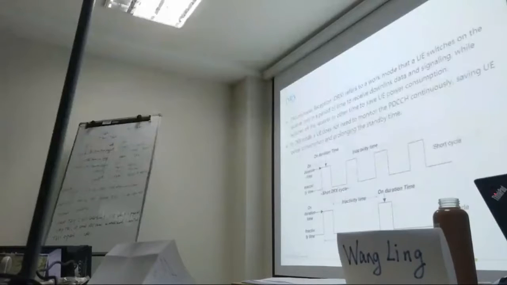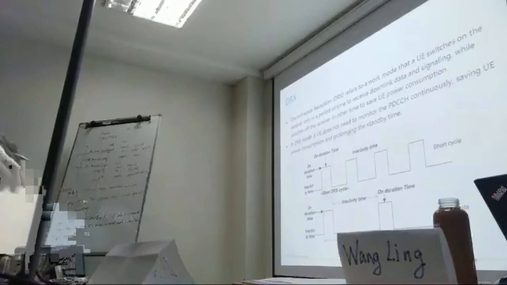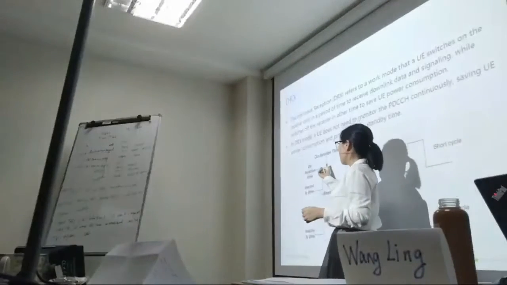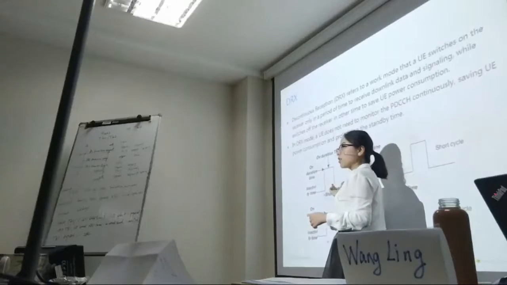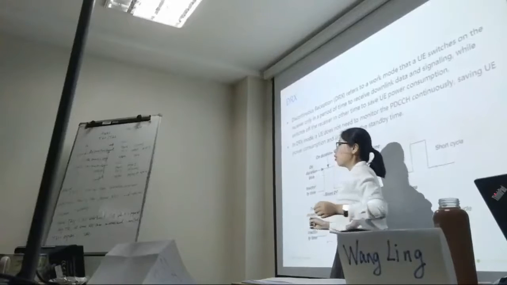Okay, we can set the DRX. In DRX mode, the UE only monitors the PDCCH during part of the cycle. This DRX contains two parts. One part is the monitor time, and the other is the sleeping time. So this is a cycle.